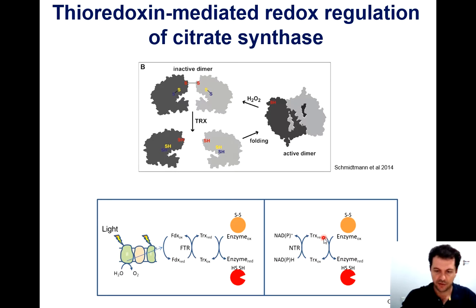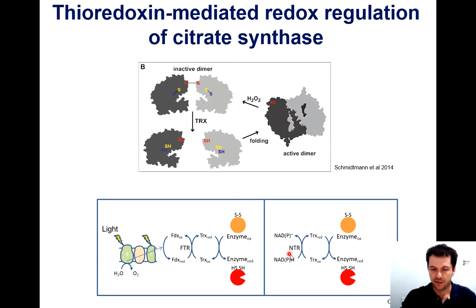Remember how the thioredoxin system works. You have energy from the light or from NADPH. This NTR is a protein that reduces thioredoxin, and thioredoxin reduces the target enzyme, in this case citrate synthase. It means that for these things to happen, you need NADPH or NADH.